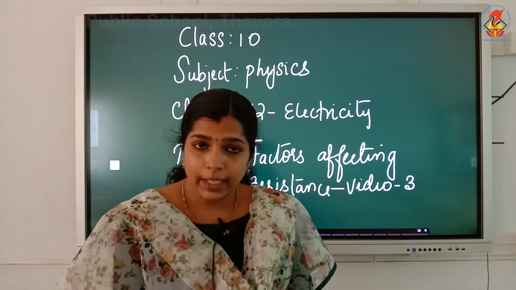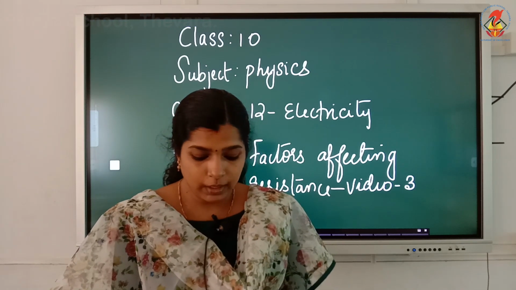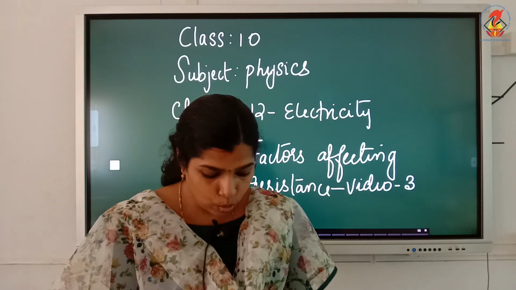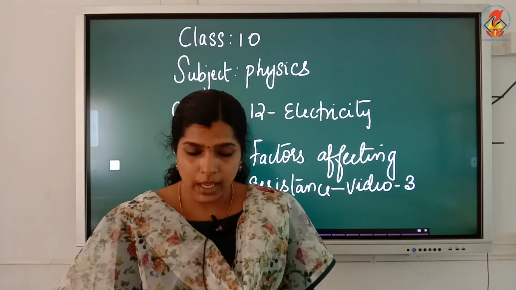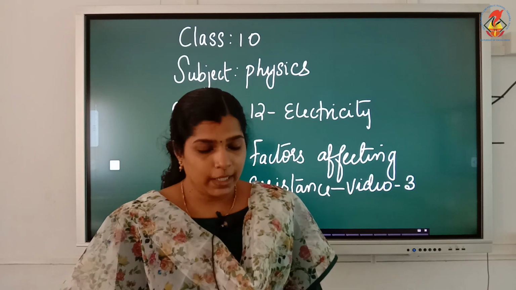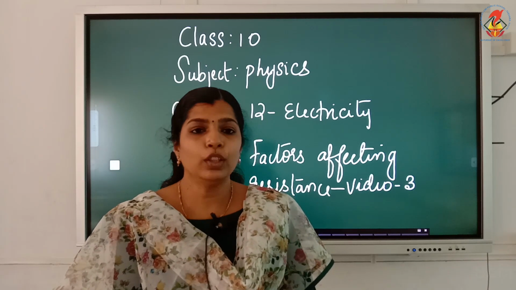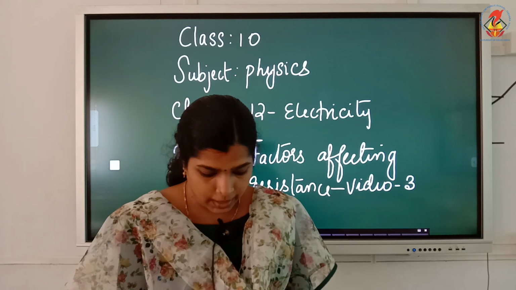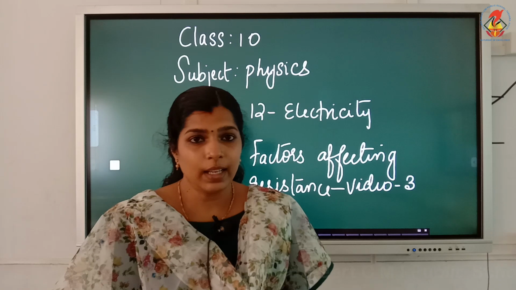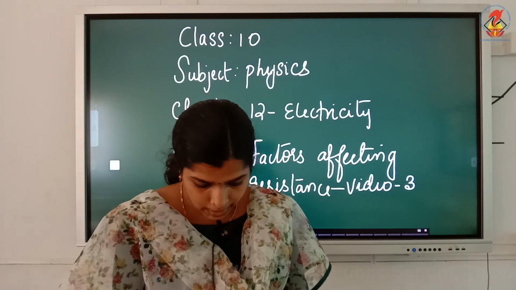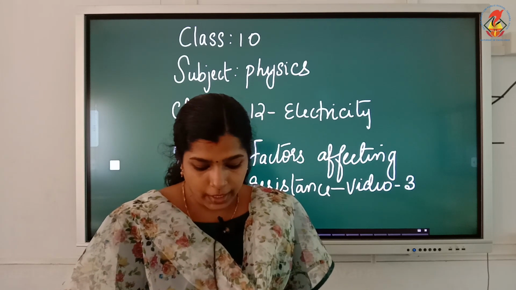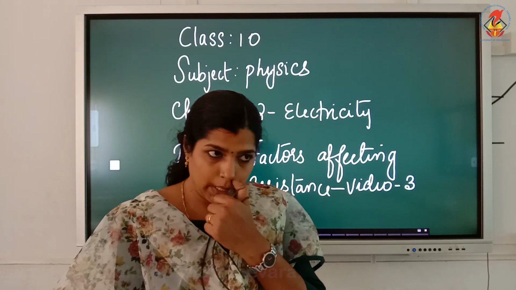From that activity we compare the ammeter reading in case 1, case 2, case 3 and case 4. We get an idea that as the length of the nichrome wire increases, the current becomes 1/2. As the length increases, the current decreases. So, the resistance of a conductor is directly proportional to its length.